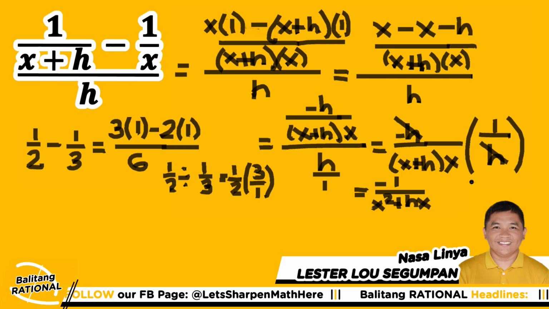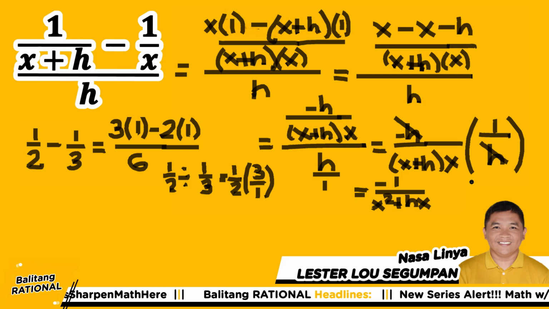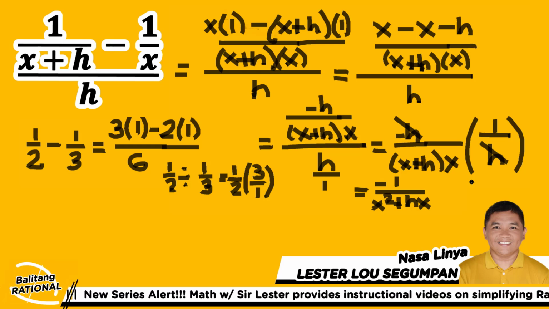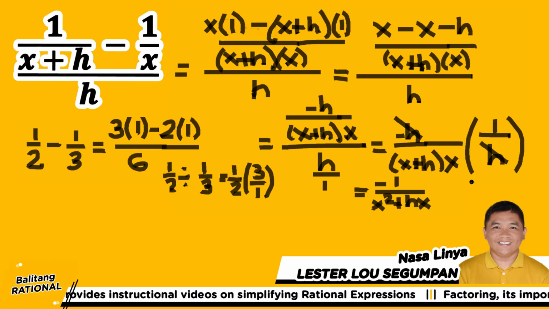This is now the final result. Ito po yung simplified form ng ibinigay na rational expression. Pagkatapos pong magamit yung LCD, equivalent fractions, at ang keep, change, flip method, considering the proper operations for fractions and rational expressions, we have finally answered the given.